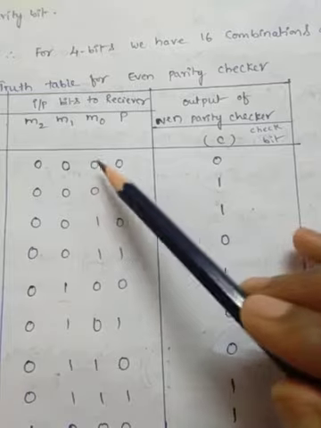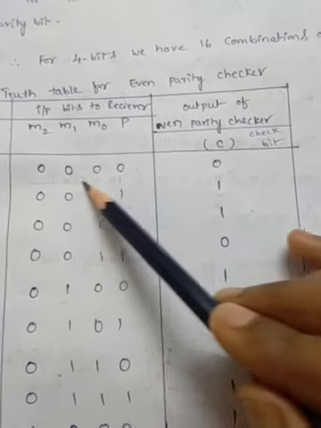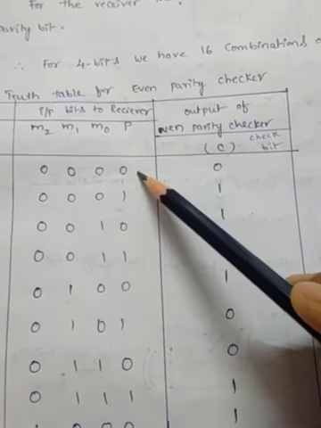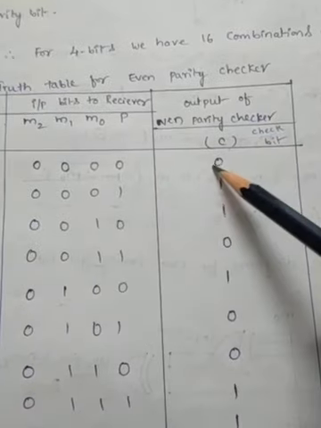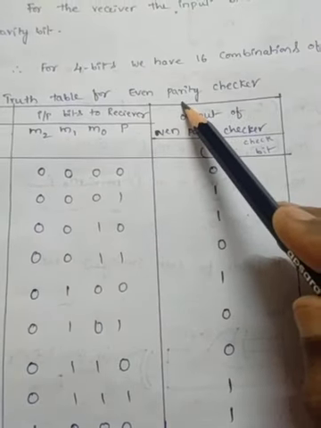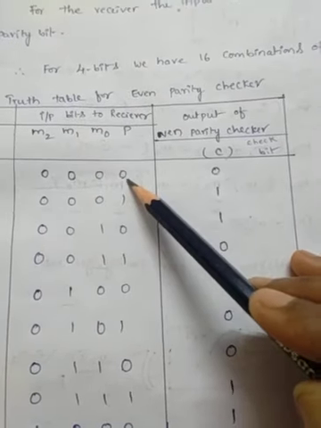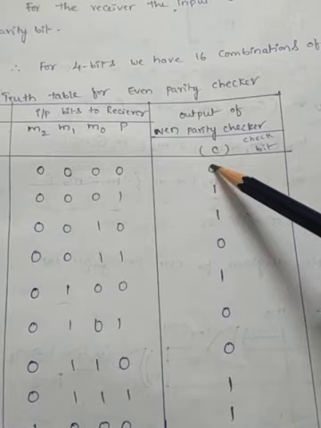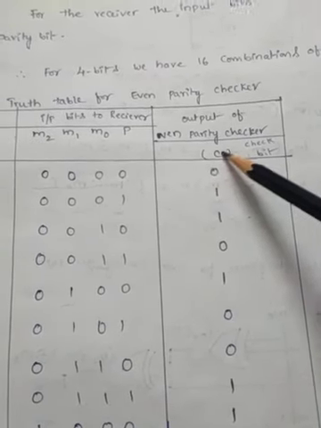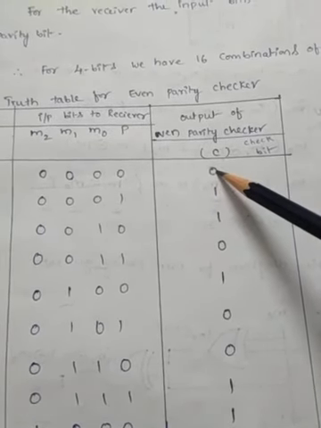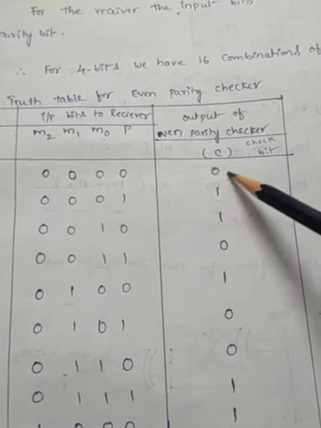First 0, 0, 0, 0. So the receiver receives data with an even number of ones. So there is no error because at the transmitter we used even parity logic. So an even number of ones is received. So the check bit becomes 0. So the check bit equal to 0 represents there is no error in the received data.